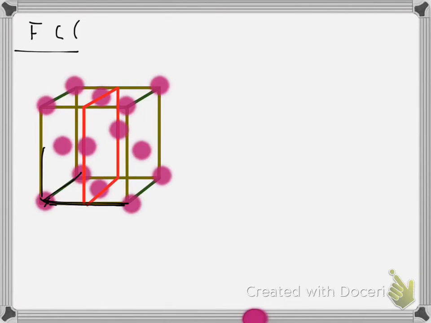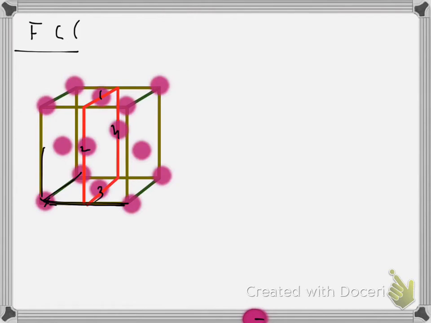So you have 4 particles in this plane, that are, one at the top center, one front center, bottom center and back center. These 4 particles are actually in these planes. But in simple cubic system we have no particles at the face center, so we don't have any chance to draw there.